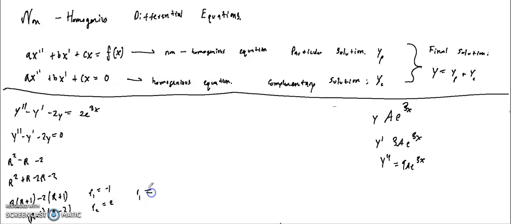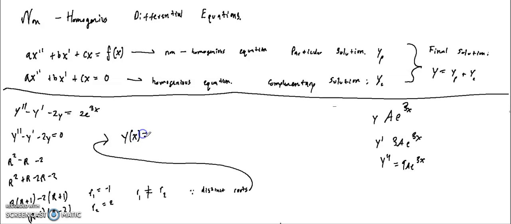And r1 doesn't equal r2, therefore we have distinct roots. And the equation for distinct roots is y of x equals c1 e to the r1x plus c2 e to the r2x.